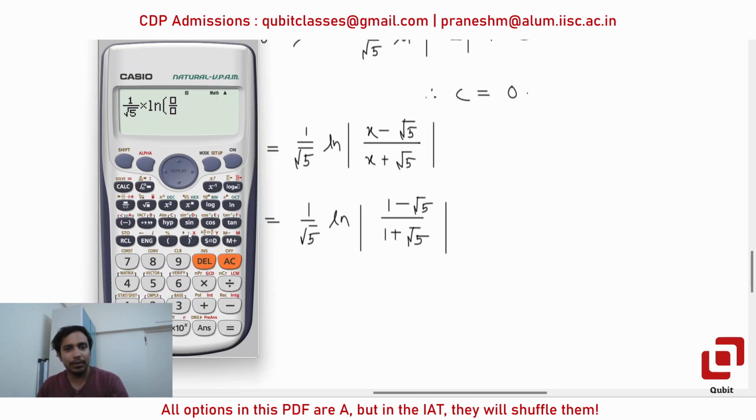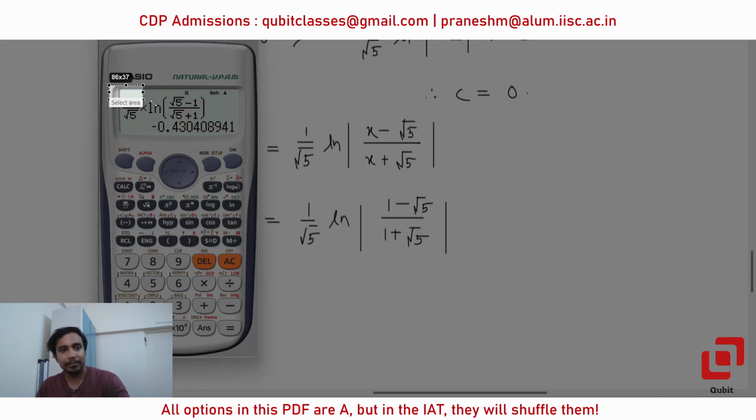Now instead of taking mod, let me write it as root 5 minus 1, and in the denominator it will be root 5 plus 1.